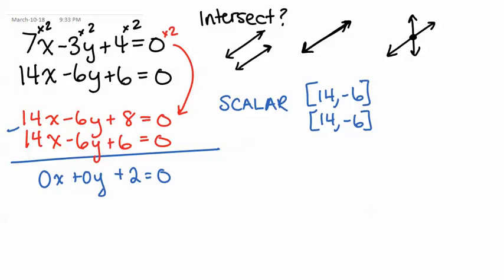I essentially got 2 equals 0, which doesn't make sense at all. That tells us these lines are parallel, because we found something that can't be true. When we subtract these two lines, or substitute one into another, we're showing that they don't overlap at all. So we actually have two parallel lines.